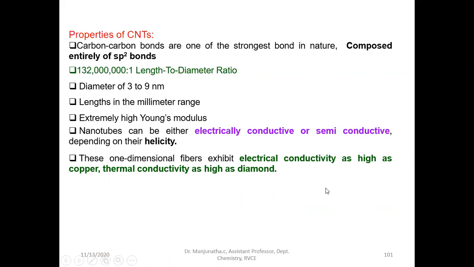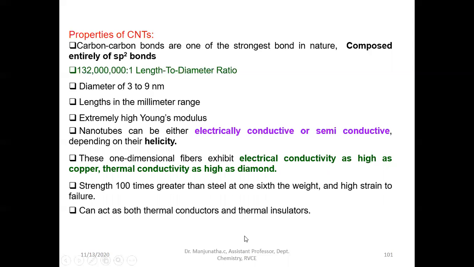It has very high electrical conductivity, almost equal to copper, and high thermal conductivity as high as diamond. Its strength is 100 times greater than steel, and its weight is 1/6 of the weight of steel. It can act as a thermal conductor and also a thermal insulator.